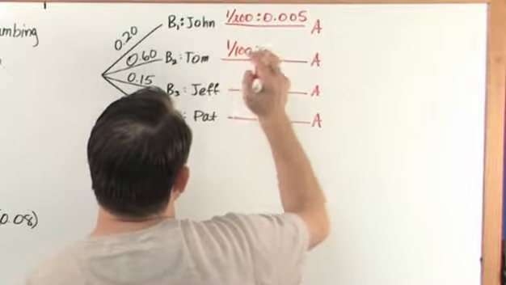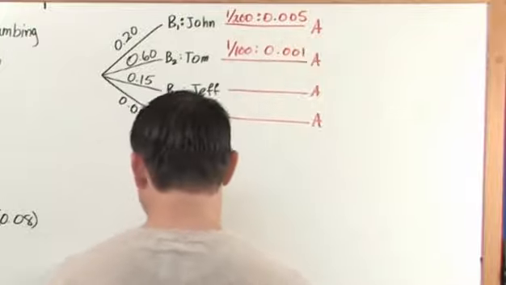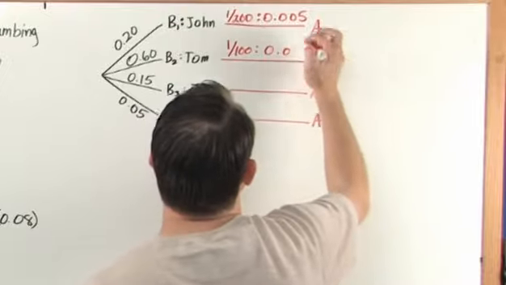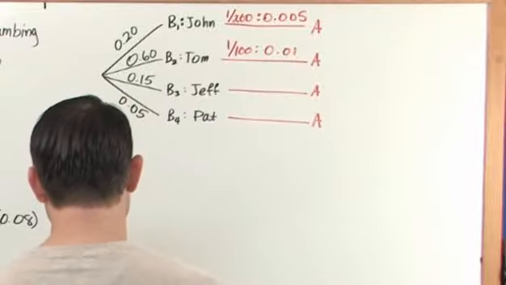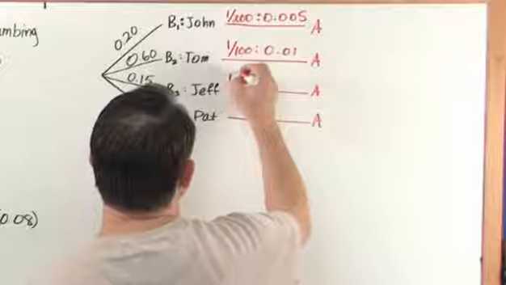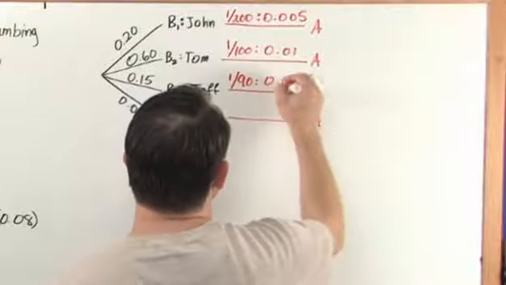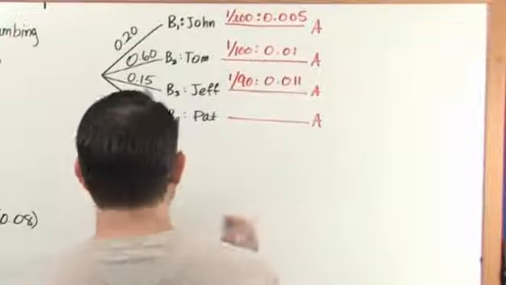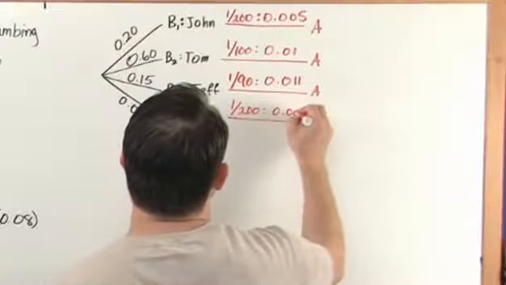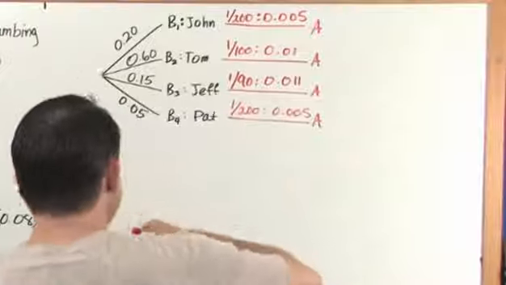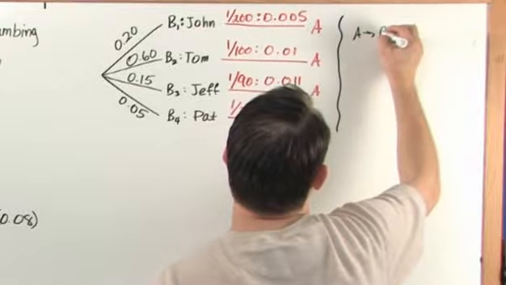So his probability is 0.01. 1 in 100 is 1%, right? Okay, Jeff loses 1 in 90, and when you do that division, that comes out to 0.011, and Pat loses again 1 in 200, which comes out to 0.005.